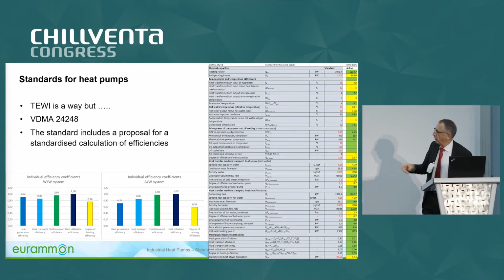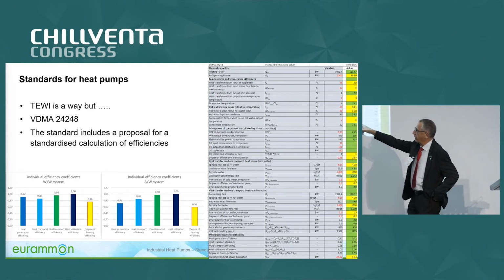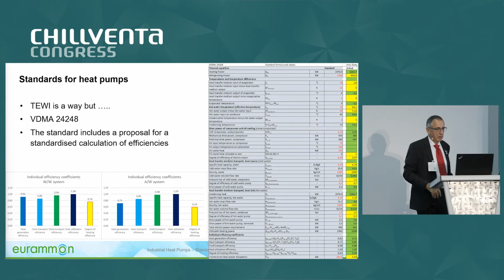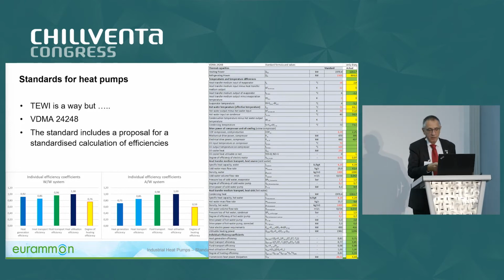And you can see with the graphic that comes out of it a little bit of difference in the way you express the COP. So also here, we have different ways of expressing the efficiency, and it has to be a standard that everybody can agree to.